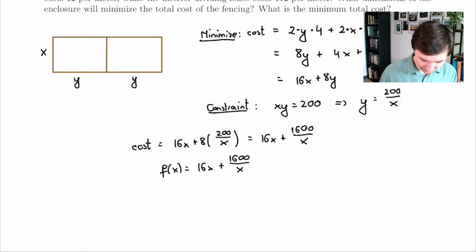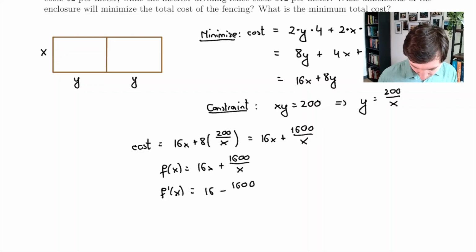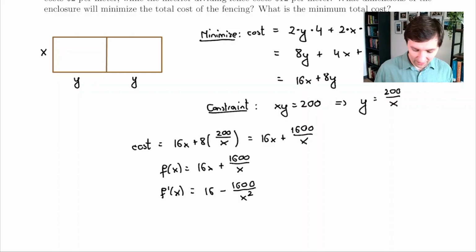I take the derivative to find critical numbers, and I get 16 minus 1600 divided by x squared. Remember, x cannot be negative. The only x's I'm allowed to use here are positive. The domain of this function is all the x's greater than 0.